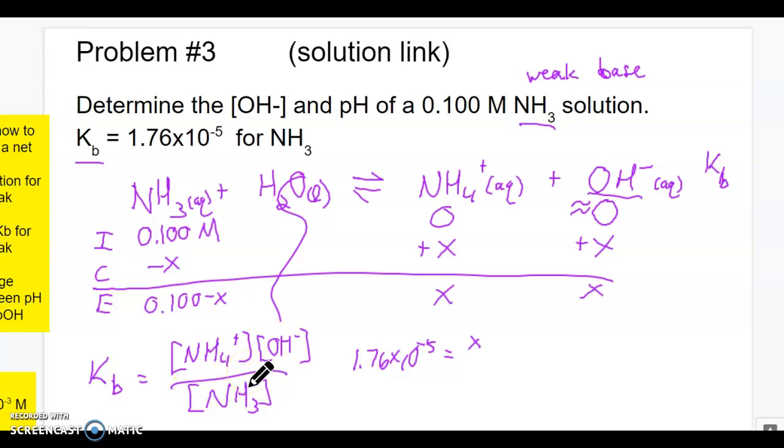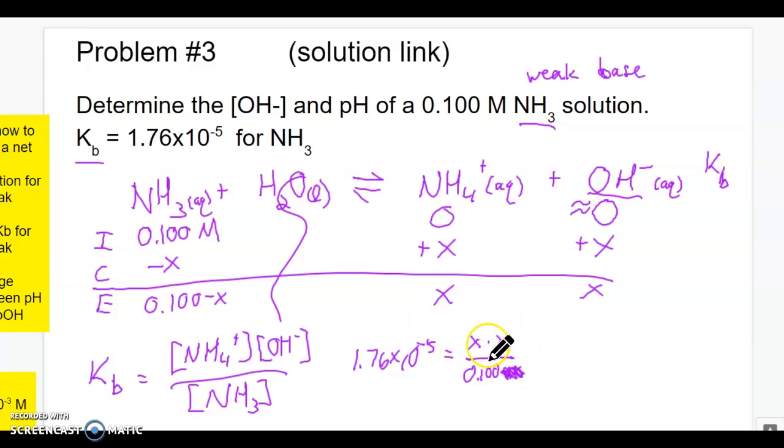I just have x times x over 0.100 minus x. I want to solve for x. Because I have this minus x, I can probably cross this out because this exponent is less than times 10 to the negative fourth. I can assume that this is negligible, so I'm going to take out the minus x.